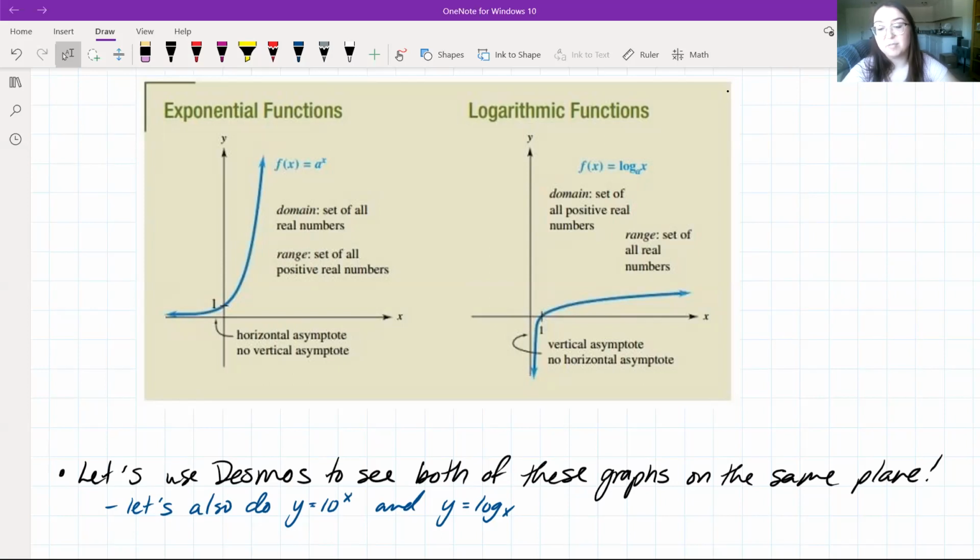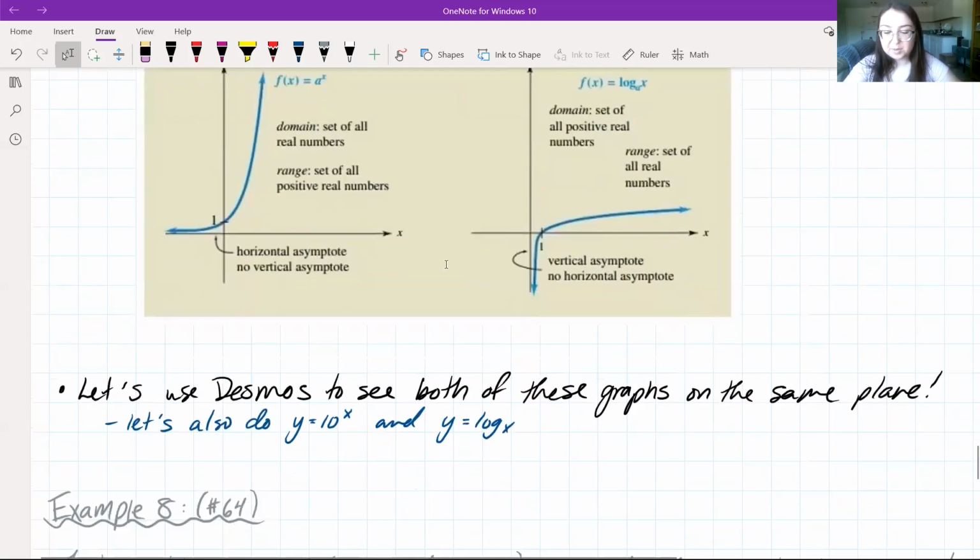We see that there is a vertical asymptote, but no horizontal asymptote. There is a vertical asymptote on the y-axis, since our y values cannot be 0 or negative. Oh, sorry, I meant our x values. Our x values cannot be 0 or negative, since that is our domain.